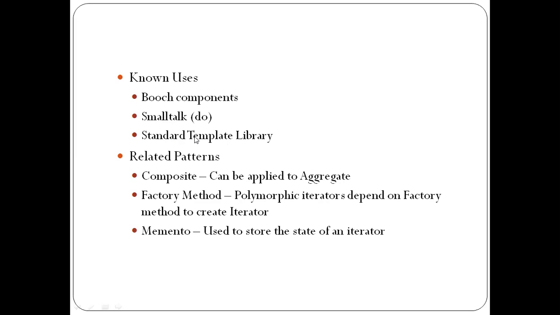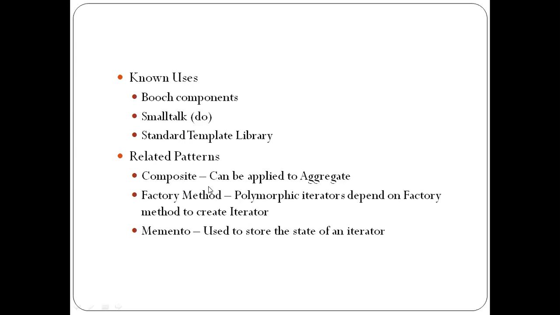There are other known uses of this, which we are already using. The standard template library of C++ uses iterators. It is already defined and we are using it in our applications. The Java JDK API also has iterators. Many programming language APIs now have iterators on concrete aggregate objects like different types of lists, graphs or trees.